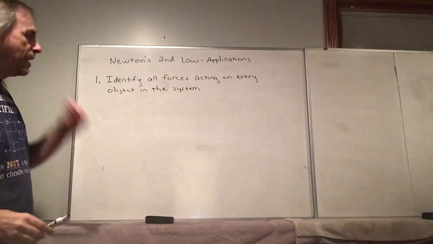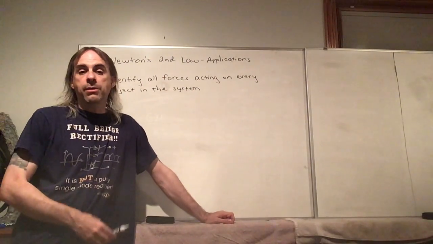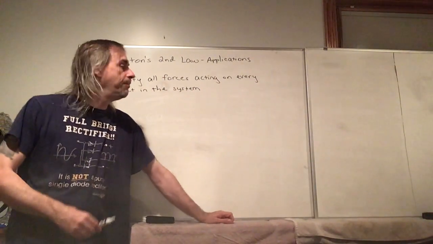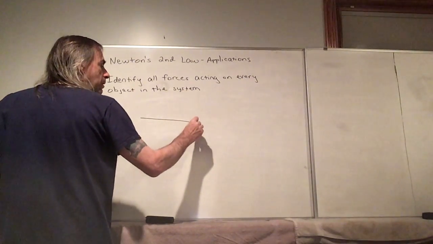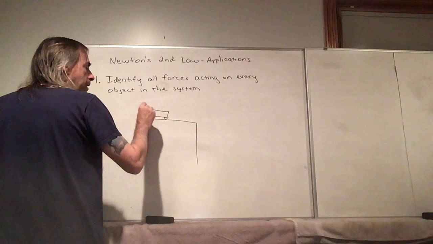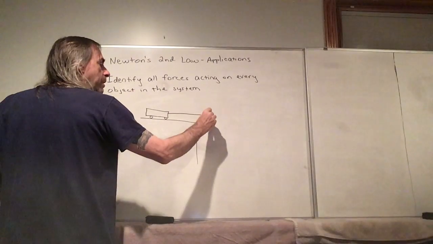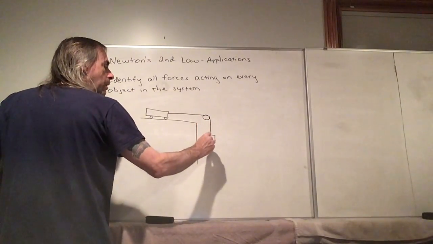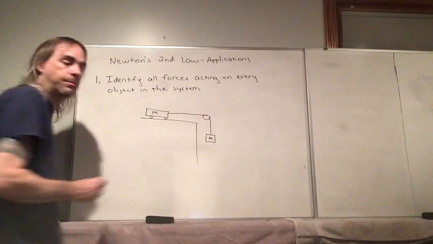So we've looked at applying Newton's second law to just an object, but we could have multiple objects in our system. One example we're going to consider is a very standard problem. Say you have a cart, tie a string to it, have the string go over a pulley, and it's tied to a hanging mass.